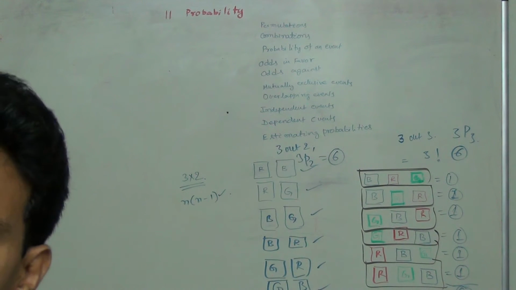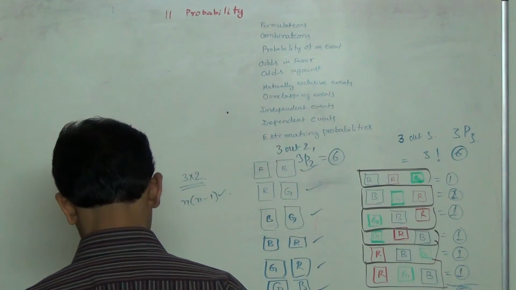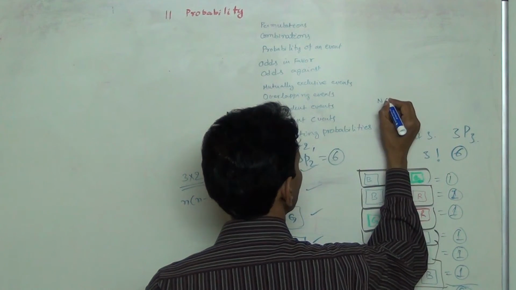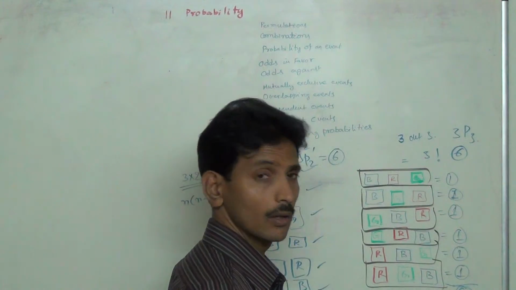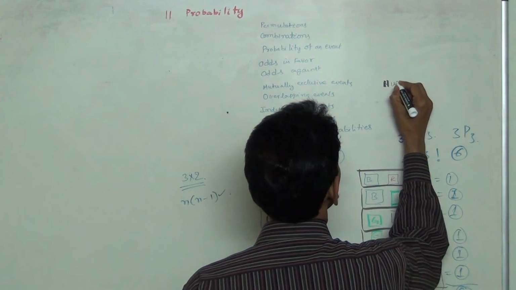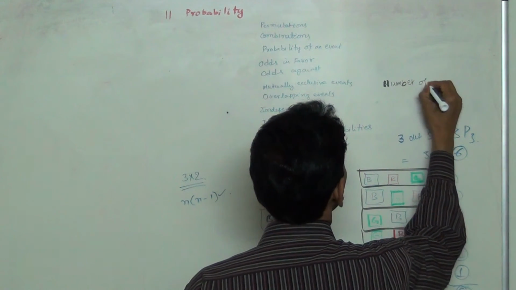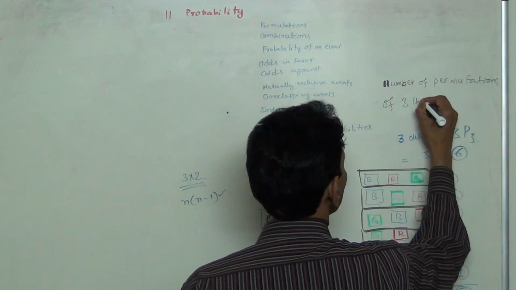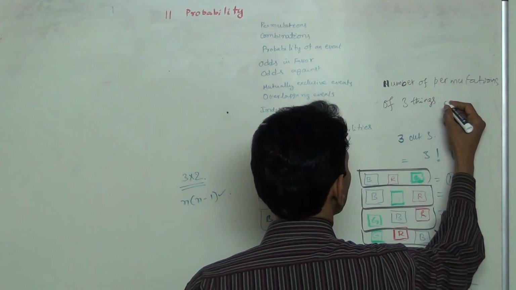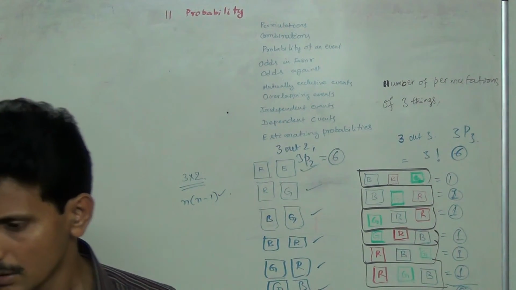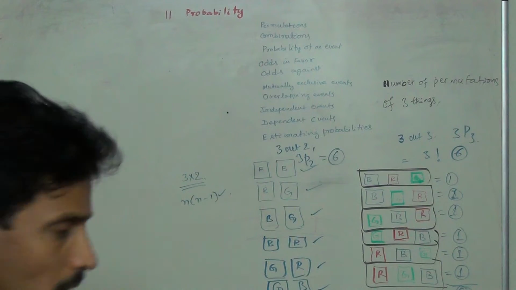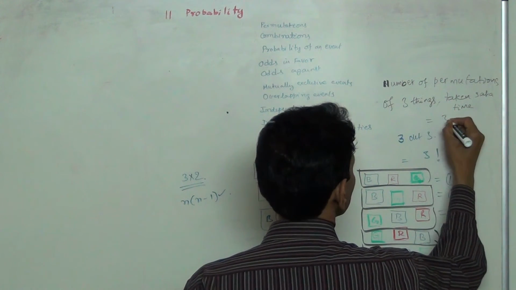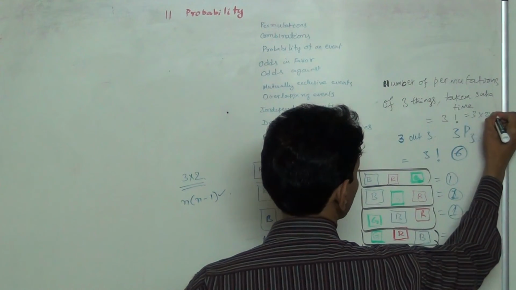Number of permutations of three things taken three at a time is 3 factorial. So 3 times 2 times 1 is 6.